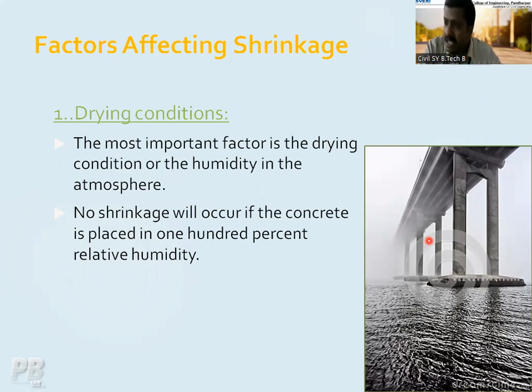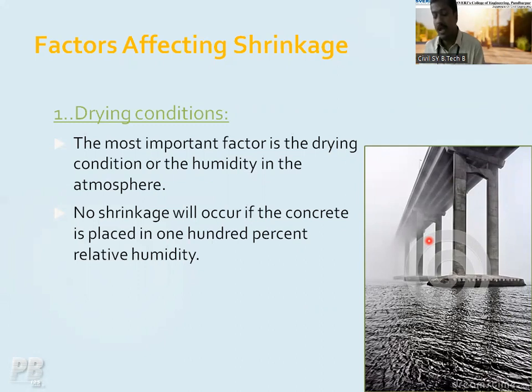That is why, again, I am repeating my sentence: whenever we are dealing with some work associated with concrete, maybe concrete casting, in concrete technology it is recommended to use the AC system, that is air conditioning system. Why? Because with the help of the air conditioning system, we can maintain the temperature of that room.